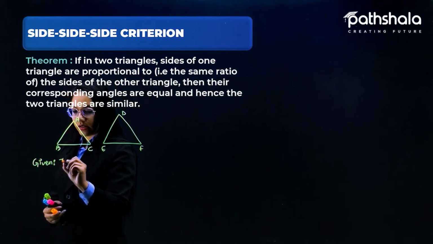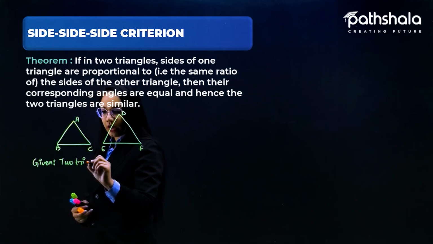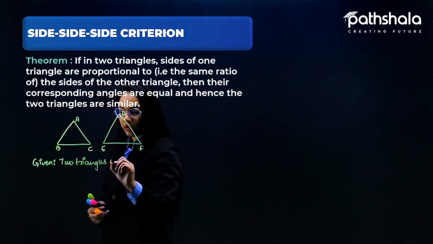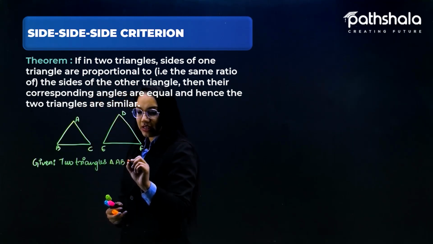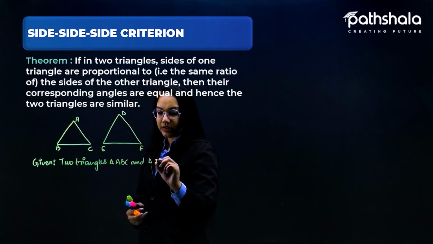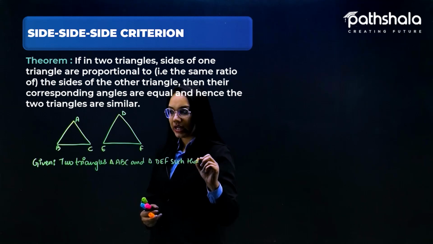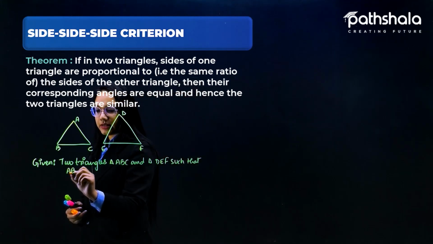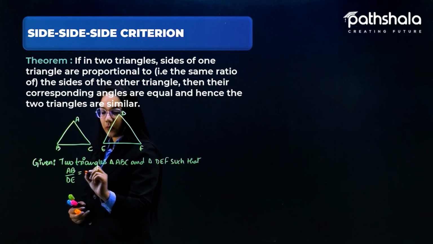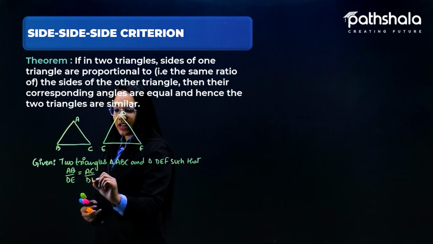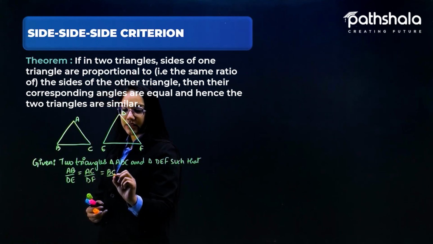We have two triangles. Given are two triangles, triangle ABC and triangle DEF, such that AB by DE is equal to AC by DF, which is equal to BC by EF.